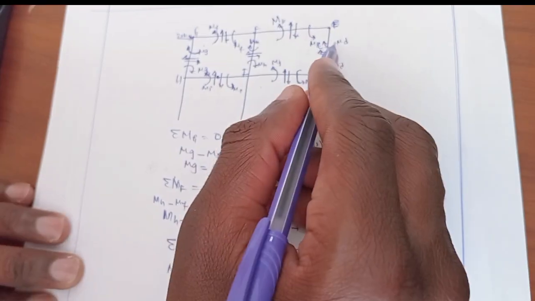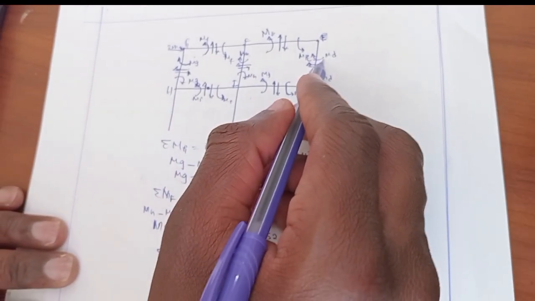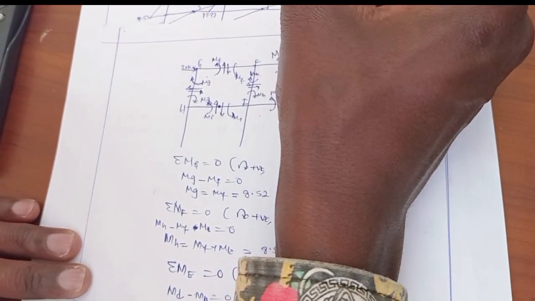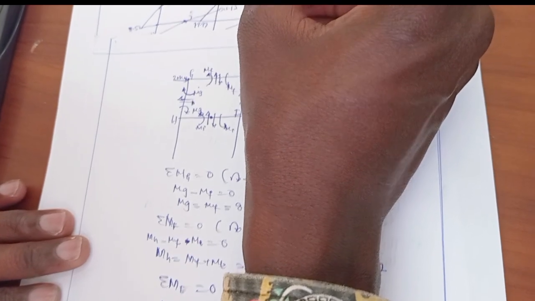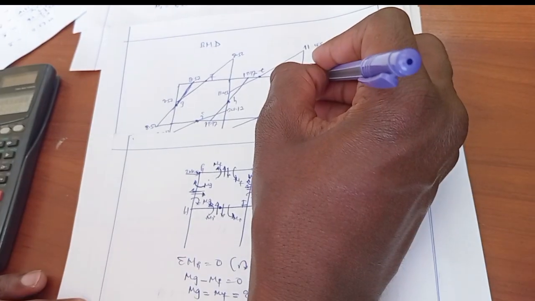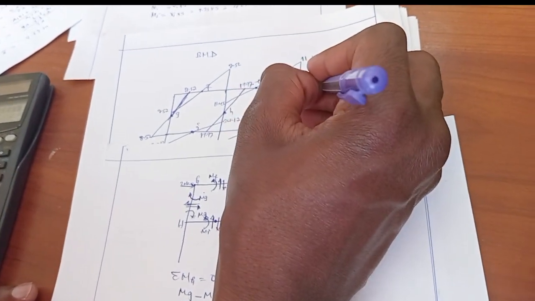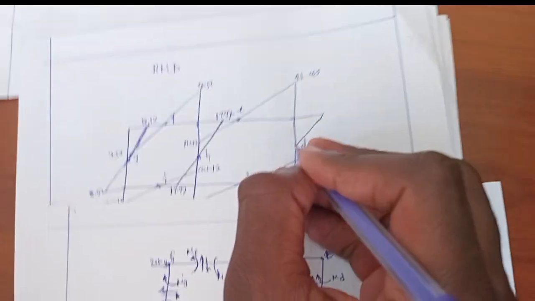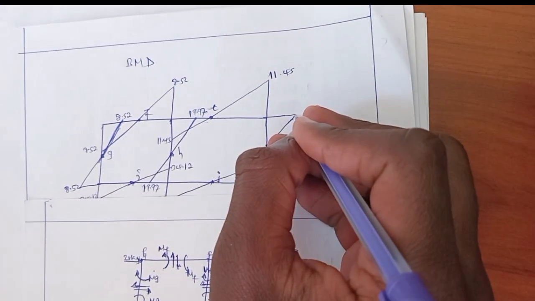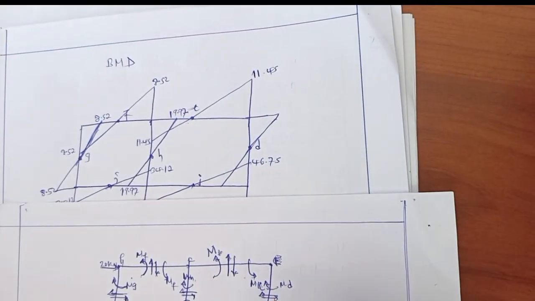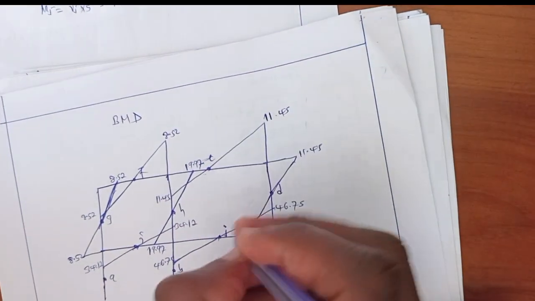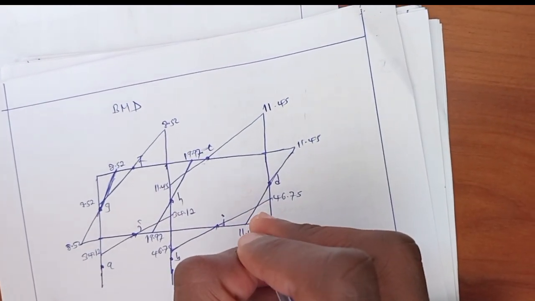So the tail of the bending moment at this point is at this region, so the bending moment is drawn at the tail, in this way. For equilibrium, we shall form it this way. So the bending moment at point D will be like this one, which is 11.45.